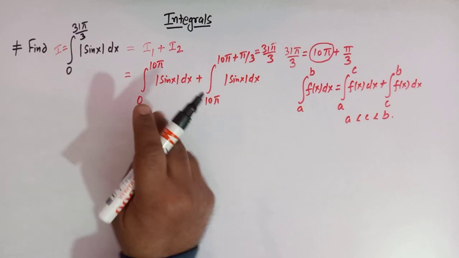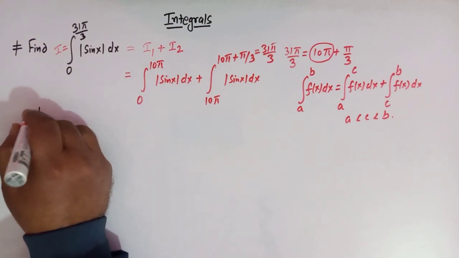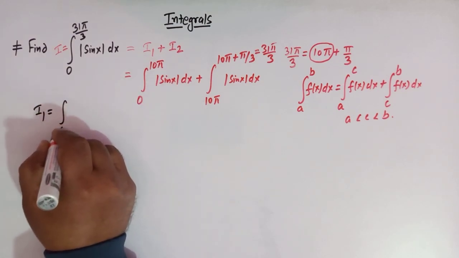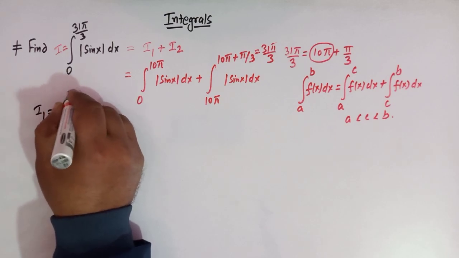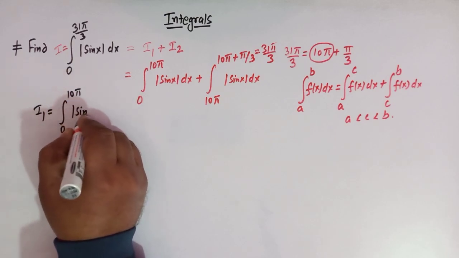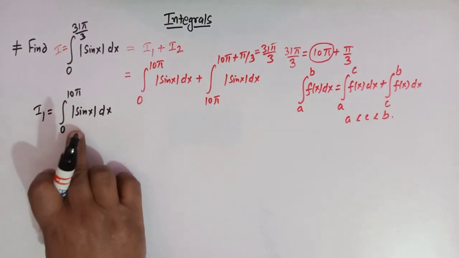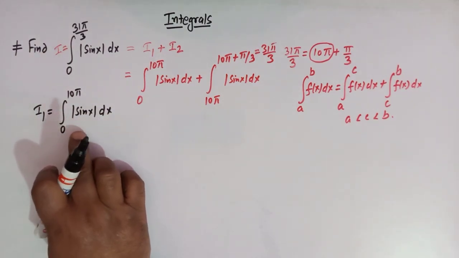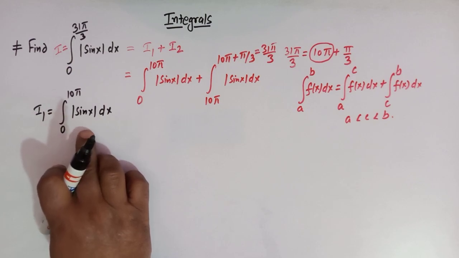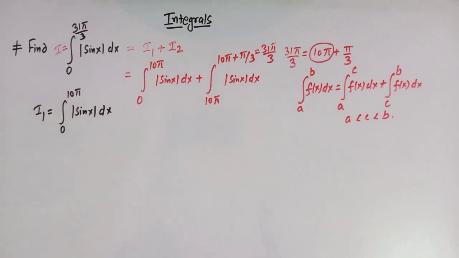Let us first take this one, I1. I1 is the integral from 0 to 10π of mod of sin x dx. Here we will make use of the concept of periodicity of trigonometric functions.